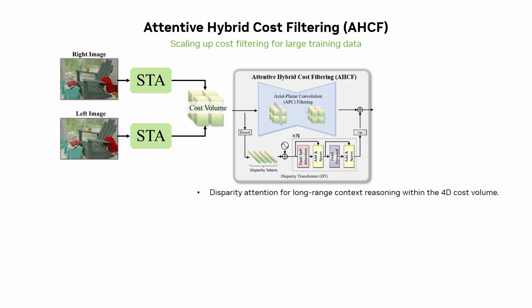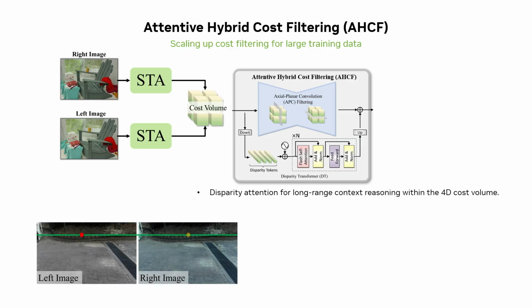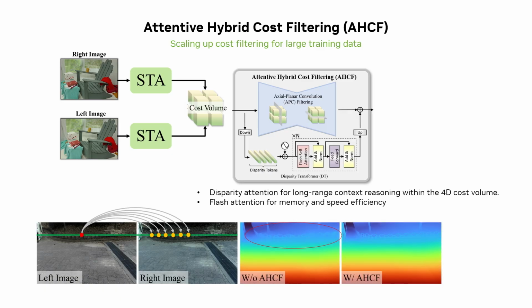This disparity transformer module further enhances long-range context reasoning along the epipolar line, for example, on these repetitive textures of the fences. Flash attention is also leveraged for memory and speed efficiency. Once we apply this disparity transformer, we can clearly see the depth has been obtained much more sharply on the repetitive texture, on the repetitive fences.